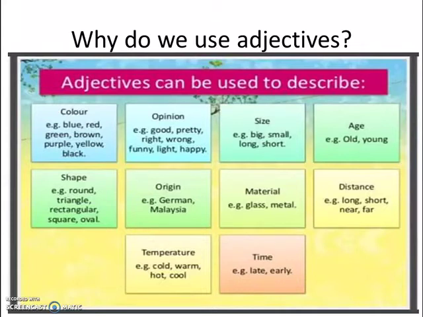We use adjectives to describe the color, for example, blue, red, green, brown, for opinion that varies between one person and another, size, age, shape, origin, material, distance, temperature, and time.